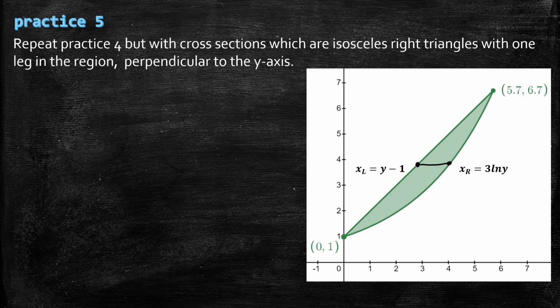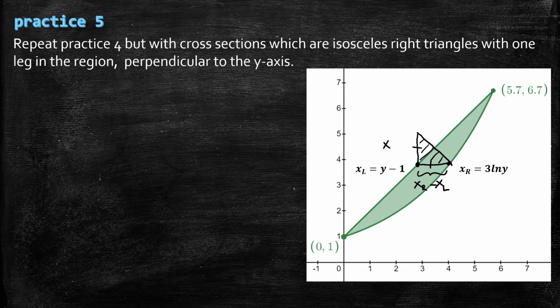So we know that it's going to look like this. This side is congruent to this, and that is a hypotenuse. So something like this. And we know that this distance is going to be xr minus xl, as we discovered before.